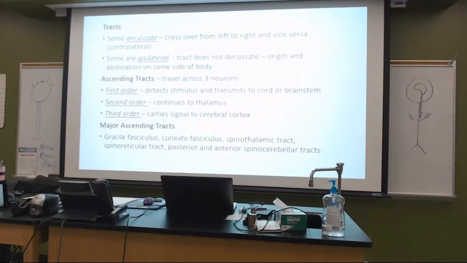So that sensory information, except for smell, has to go in, and then it has to be sent to the area of the brain it needs to go to. All sensory information has to do this except for smell.